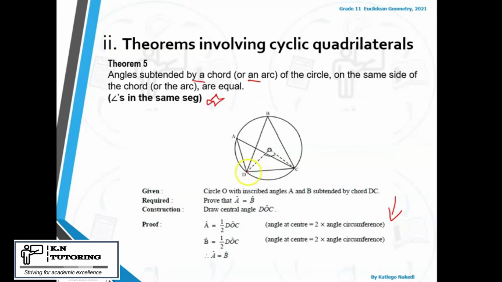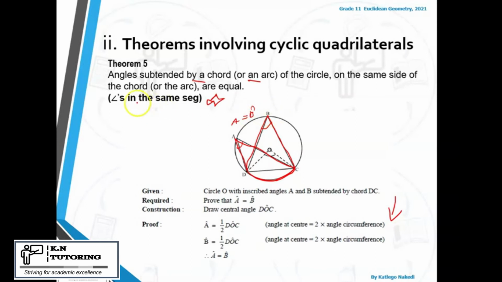So this arc, the same arc subtends an angle there. So whether you use a chord or an arc is the same thing. So this angle A will always be equal to angle B.